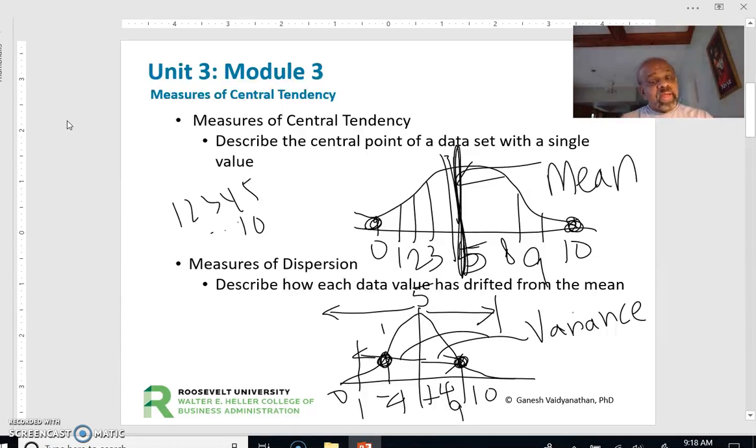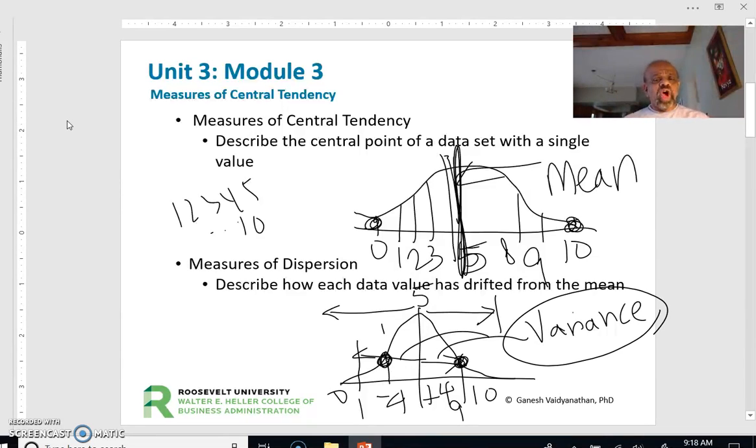I can do that, right? So this point is -4 away from the middle, and this point 9 is away from this 5 by +4, and that is my variance.